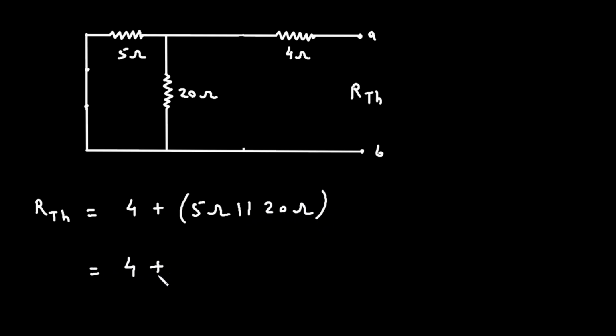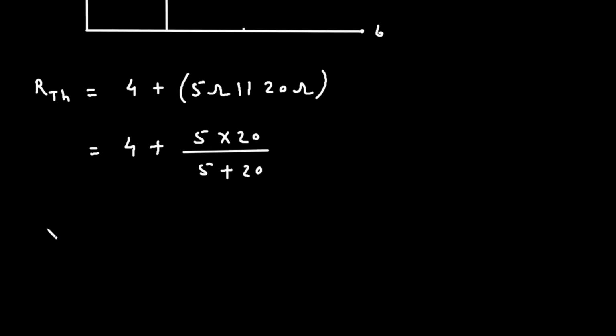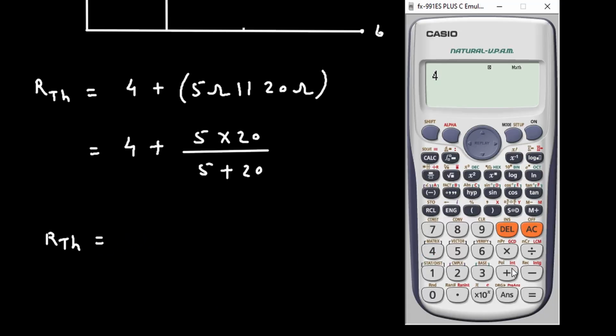So 4 plus 5 into 20 divided by 5 plus 20. If we solve this, then we get RTH is equal to 8 ohm.